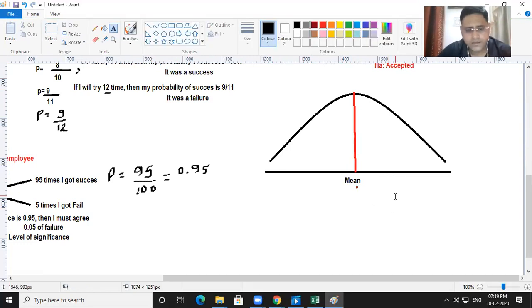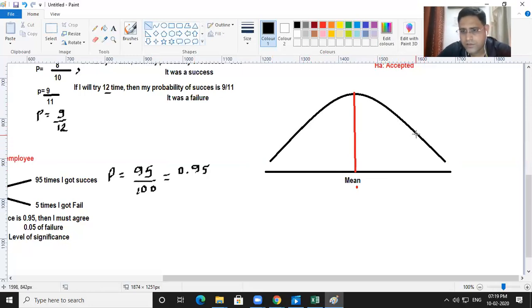I'm taking a single tail test here. I'll tell you later what single tail, right tail and left tail are. So it is a right tail test. As we discussed in skewness, this is the left tail, and this is the right tail.